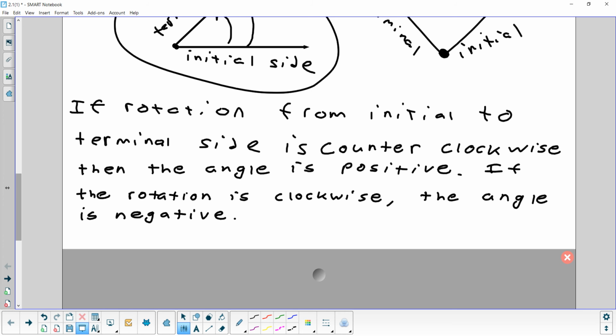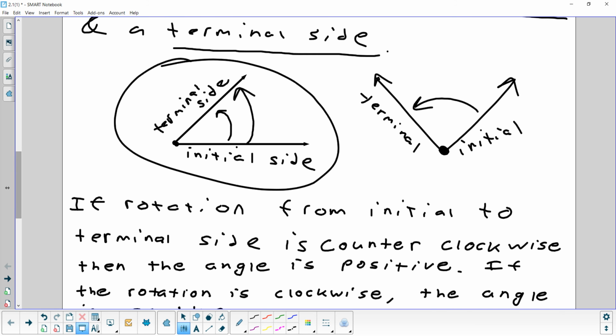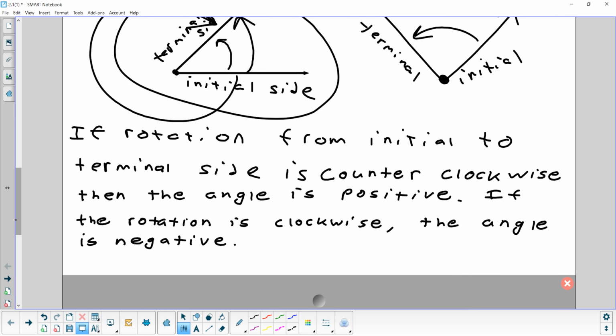If you go the other way from the initial to the terminal side, let's say you go this way, and you were to try to measure something like that, that's going to be a negative direction. So counterclockwise is positive, clockwise is negative. Okay, I'm going to show you guys an example of something like that right now.